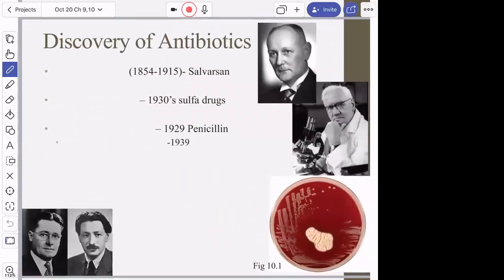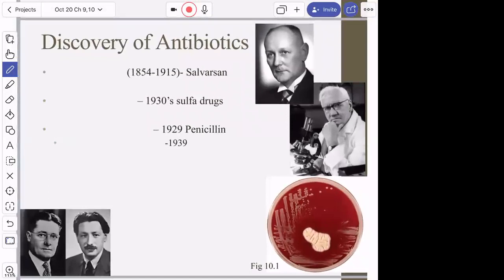All right, discovery of antibiotics. I added one little picture up here yesterday, just because I felt like I was leaving him out. We'll start out with Paul Ehrlich, whom we mentioned before. He was kind of considered the father of chemotherapy. He's the first one, turn of the century there, early 1900s.